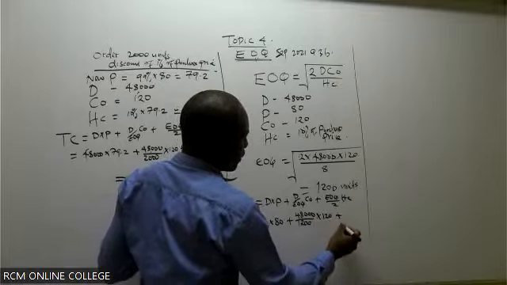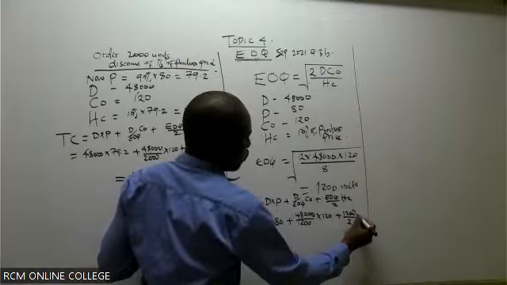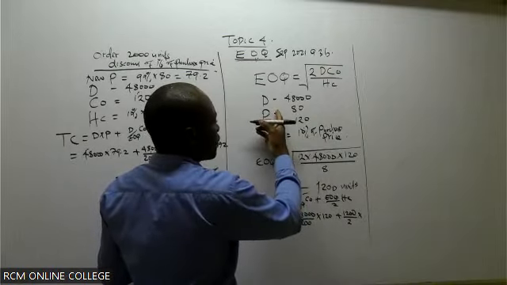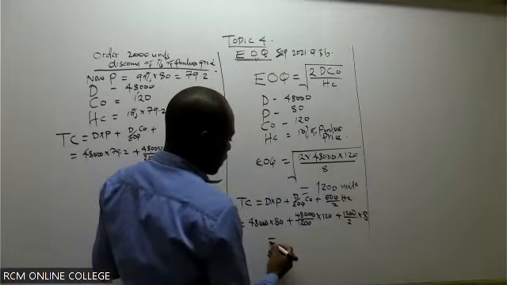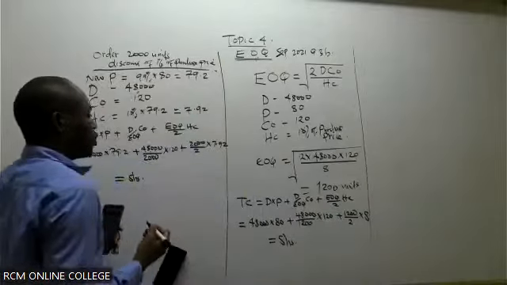To that we add economic order quantity divided by 2, multiplied by holding cost, which is 10% of purchase price. So 10% of 80 is equivalent to 8. If that is done, somebody should be able to arrive at the total cost.